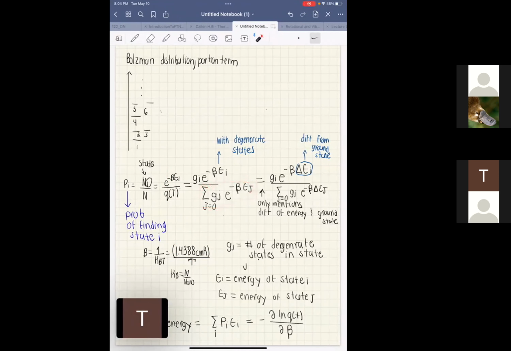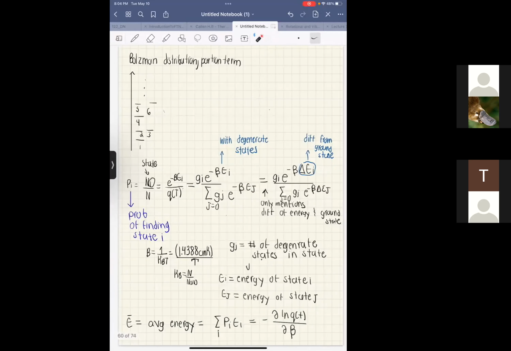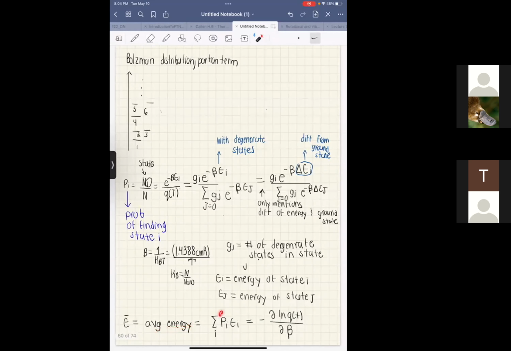G is related to the number of degenerate states you have. And if they're talking about relative to the ground state, you're going to have a difference in energy from the ground state instead. And average energy is also related to this equation, which is that Boltzmann distribution you solved multiplied by the energy of that state.